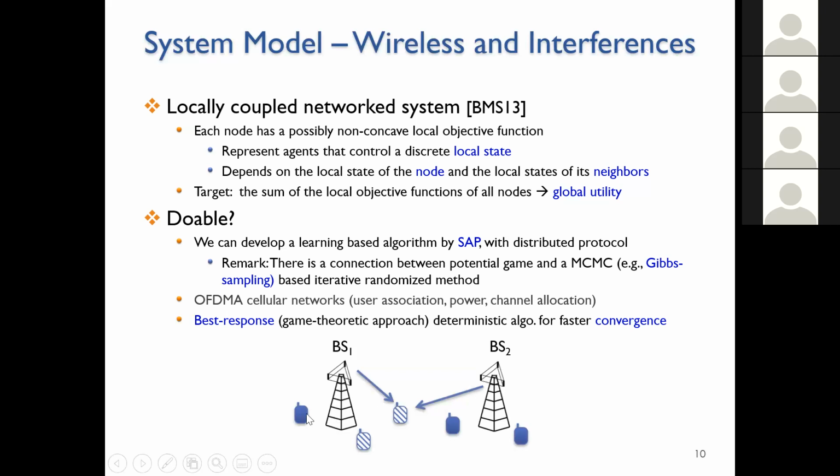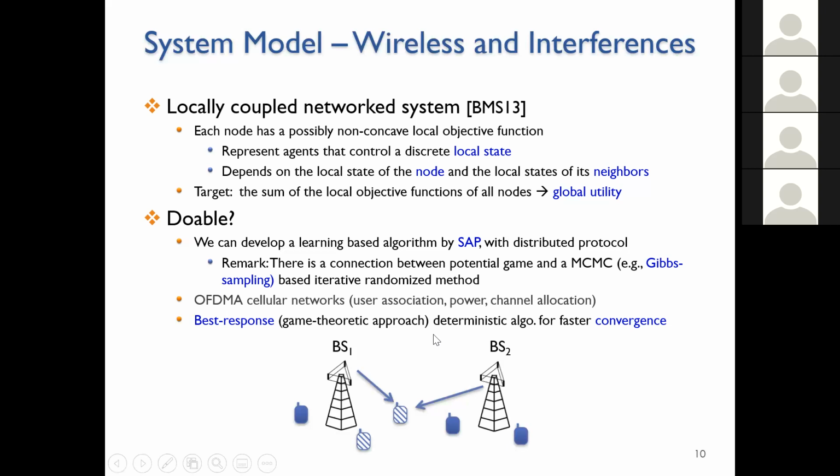So you configure each device on the map adaptively and just go around. This is what we mean by SAP, spatial adaptive play. There's a connection of this literature on SAP to MCMC, for example Gibbs sampling. You are going to do iterative randomized configuration of the devices, which means the power levels.